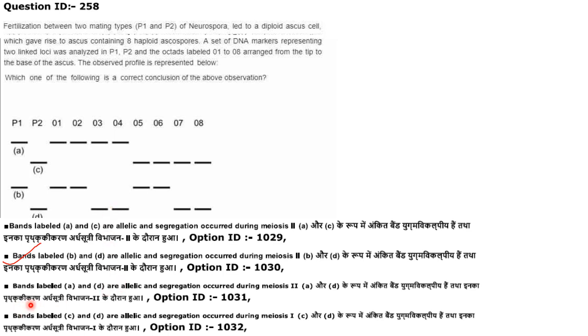Then the last option, bands labeled C and D. These two are allelic and segregation occurred during meiosis 1. If you see bands labeled C and D, they are also not allelic, so segregation does not occur during meiosis 1. So that option is also not correct. So the correct answer here is option 2.